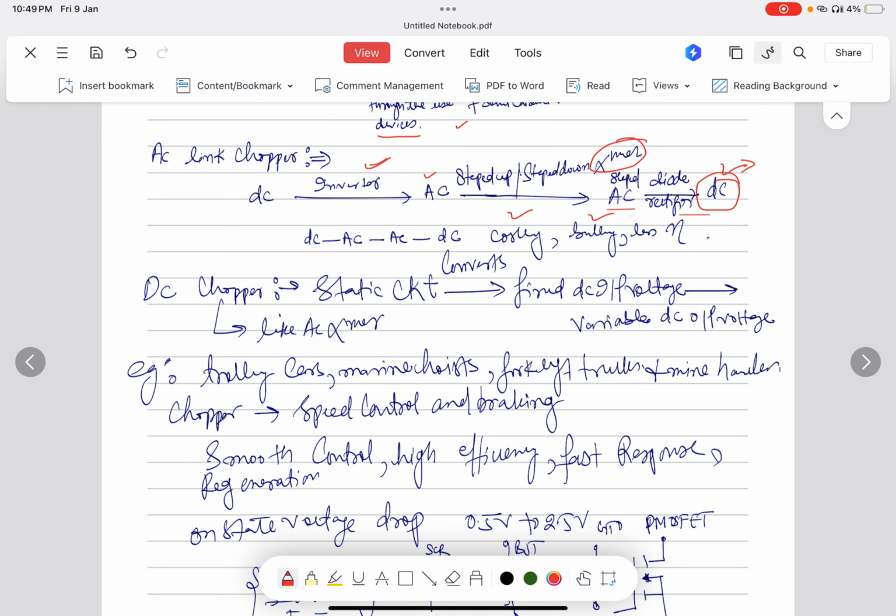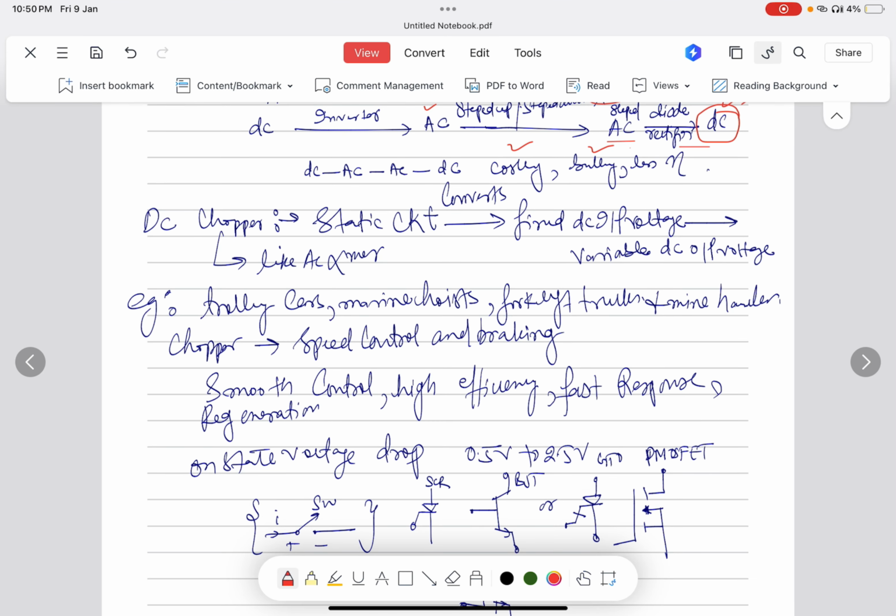So what we use is DC choppers. In static circuits, a chopper converts fixed DC input voltage to variable DC output voltage just by switching the load, or disconnecting the load. It is so fast that we get our required waveform.